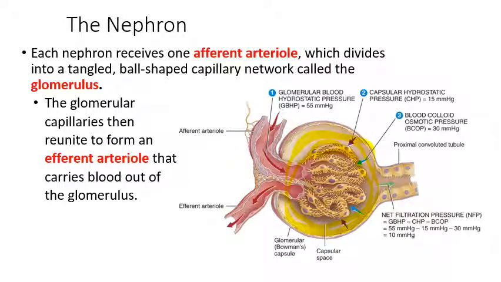This ball of capillaries is called the glomerulus. So glomerulus itself is actually capillaries. And these capillaries are where the filtration is going to happen. So we've got this ball of capillaries that's inside a capsule, and that capsule is sometimes called Bowman's capsule, sometimes just called the glomerular capsule.